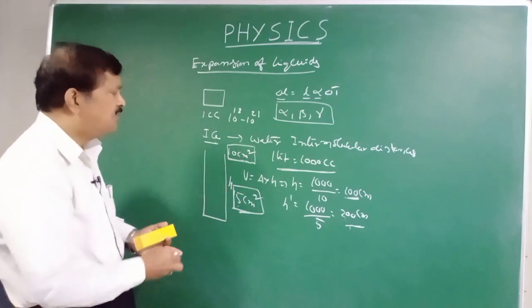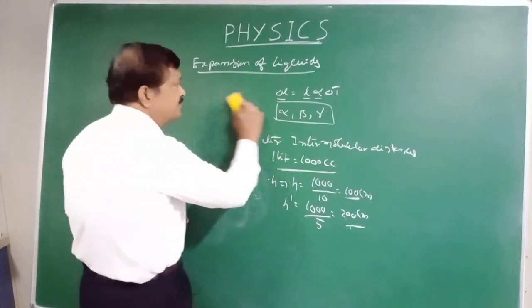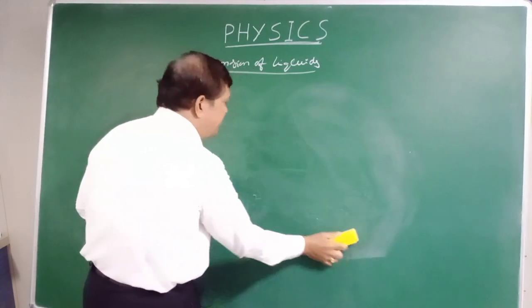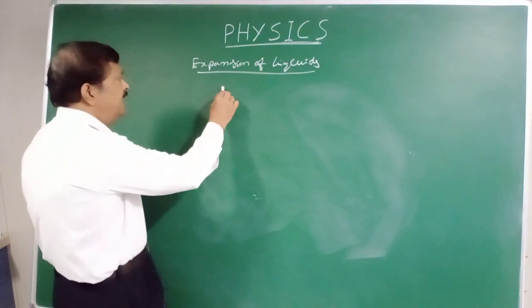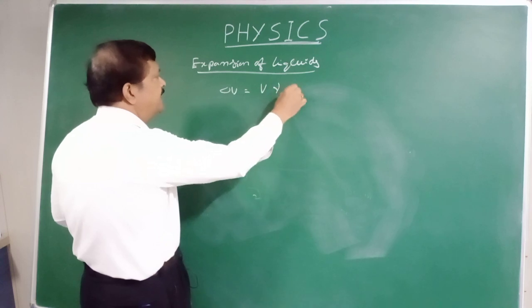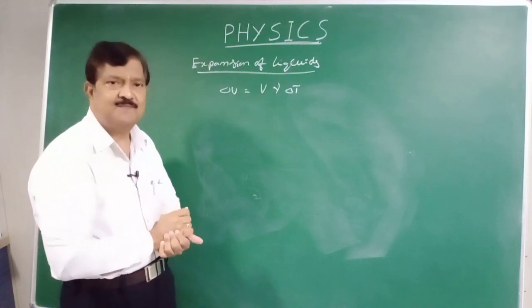Now coming to the volume expansion of liquids, how to measure the volume expansion? In case of solids, we have taken the volume expansion so that for a body of volume V, change in the volume delta V equals V gamma delta T, where we called gamma the coefficient of volume expansion.